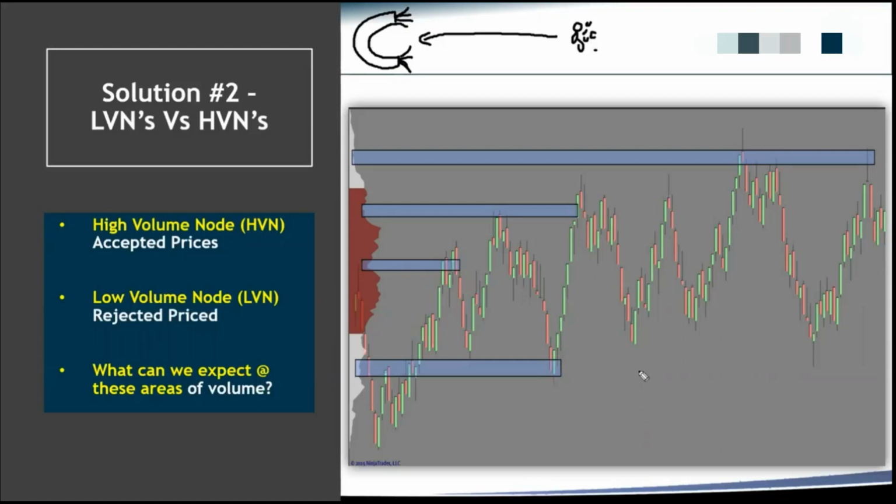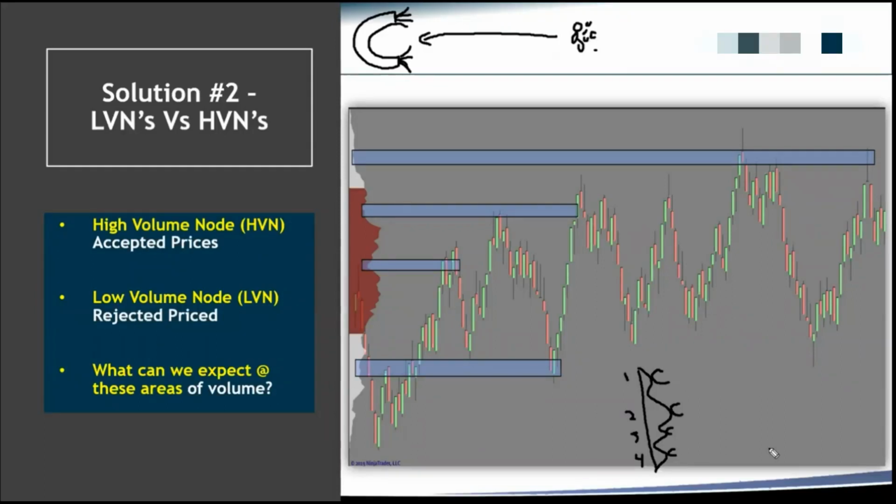So when you see a profile that looks like this, okay, pretend that that's the magnet, that's the magnet, that's the magnet, and that's the magnet. 1, 2, 3, 4.